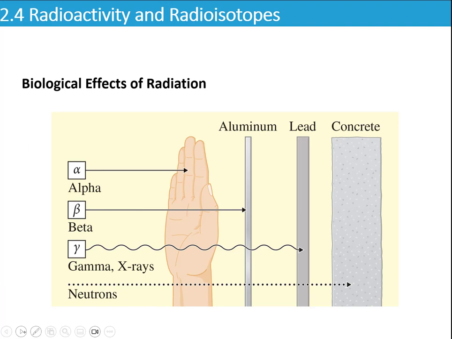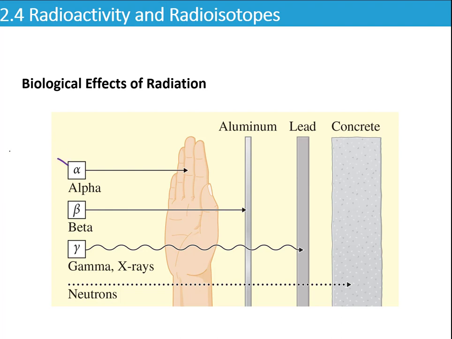So the amount of energy that is released by these different types of radioactive decay is different. And the rule of thumb is big particles don't go very far. Okay, so alpha decay, remember we said alpha decay is 2 protons and 2 neutrons. That's a pretty big molecule. Alpha decay does not go very far.